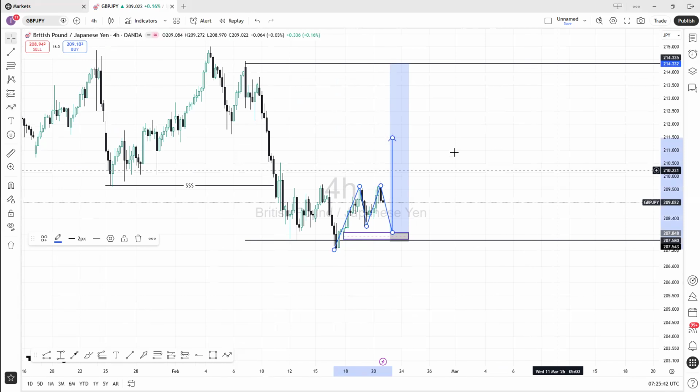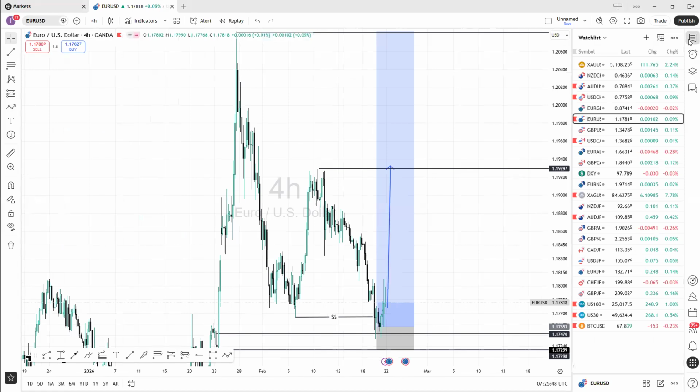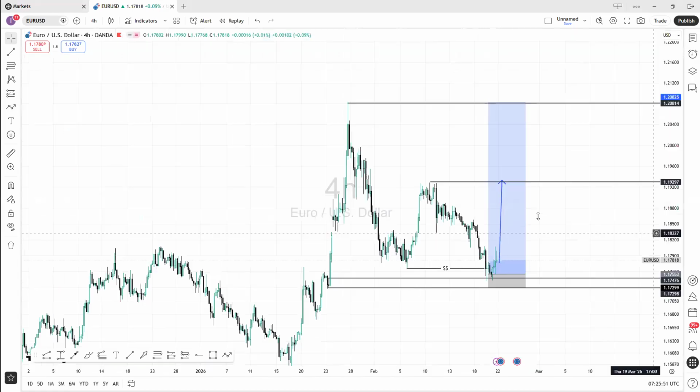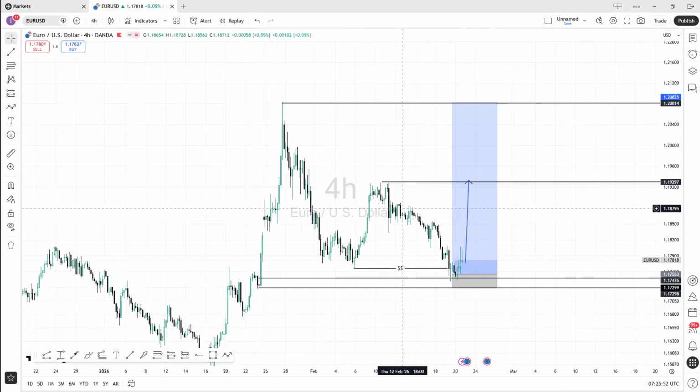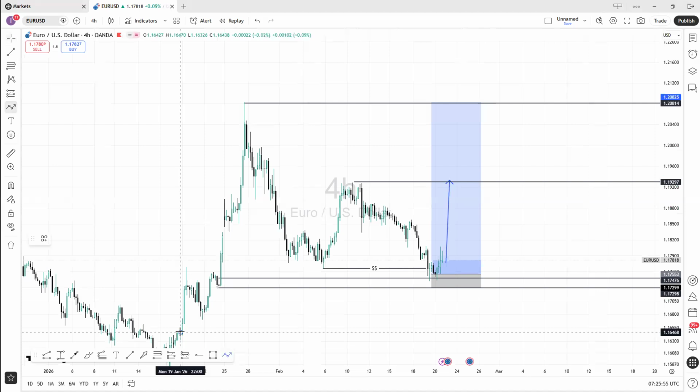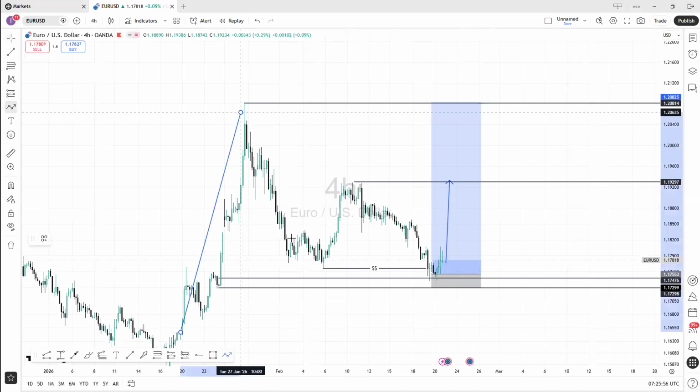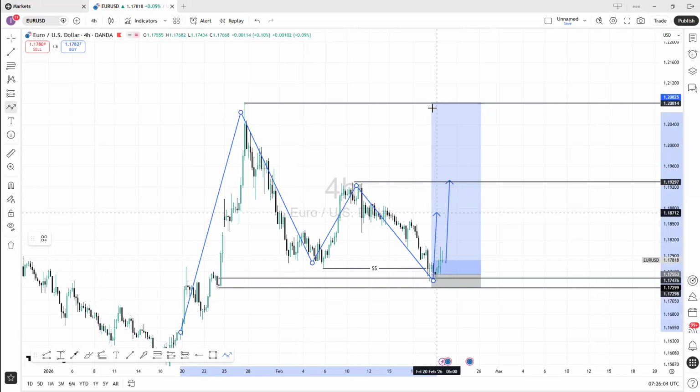EUR/USD. Last week we took a buy from that order block, and you see previously there was an impulsive move, so that is the pullback, created inducement, sweep of inducement, mitigation of the 4-hour order block, we hold the buy. Very simple.